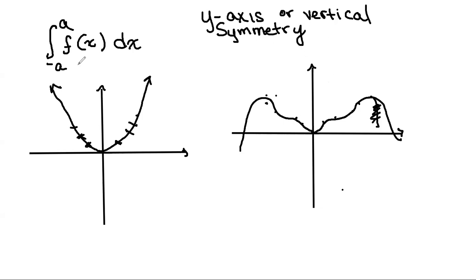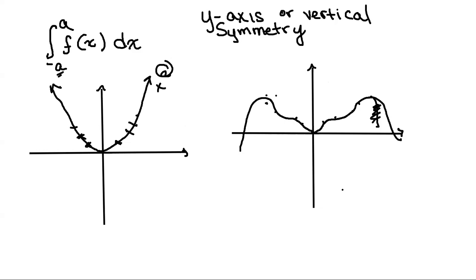The rule for this kind of integral, when it's vertical symmetry, is that this is considered an even function. If you really think about it, this looks like x squared. So it's even.